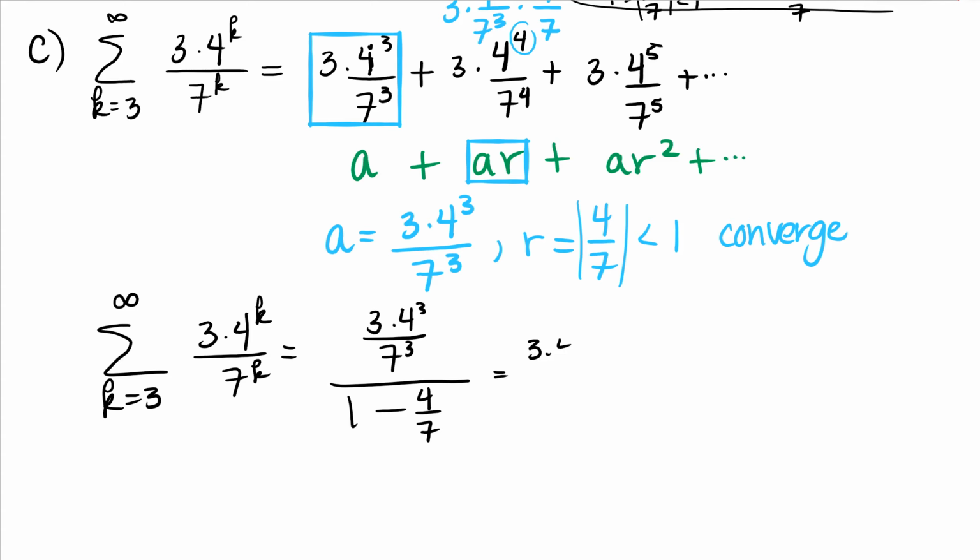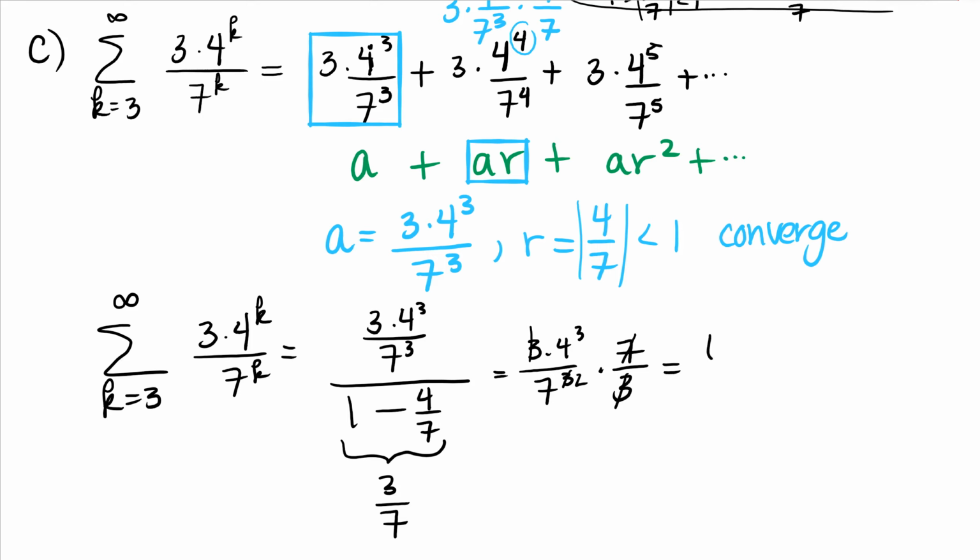So I have 3 times 4 cubed over 7 cubed. This is why I knew in the back of my mind I should wait to simplify this. 1 minus 4 sevenths is 3 sevenths. If I flip that, that's 7 thirds. So my 3's cancel out, and one of my 7's cancel.